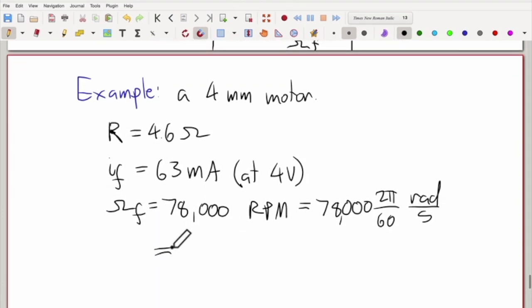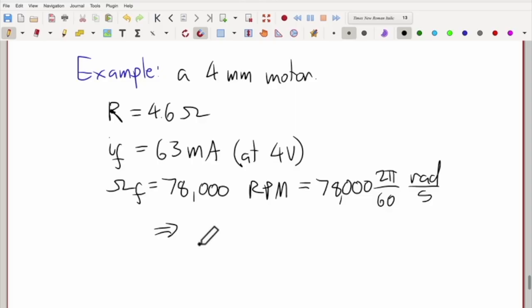So we can get that k is equal to 0.45 micronewton meters per amp. That's give it an amp and it produces that much torque. Of course, if you gave it a whole amp of current, it would burn out this motor very quickly. These motors use much less than an amp. But this is the relation between current in and torque out, that motor torque constant.